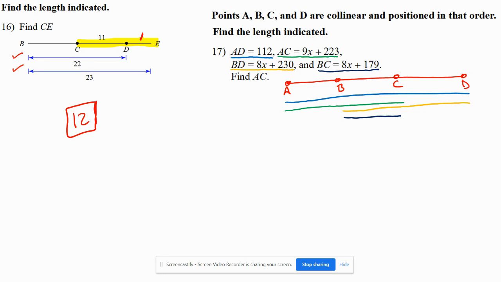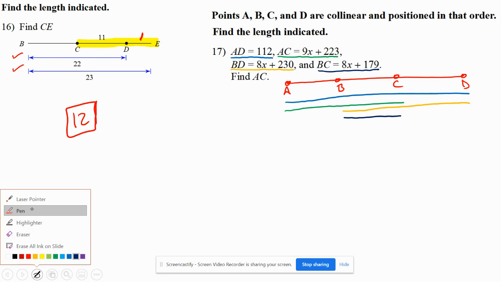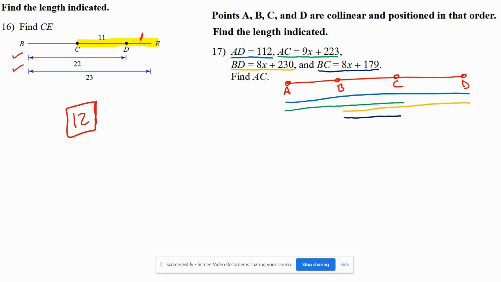So I'm seeing what I know. I'm trying to come out with two equations by looking at measurement of segments, measurement of sides. I'm trying to come out with two segments that are equal.